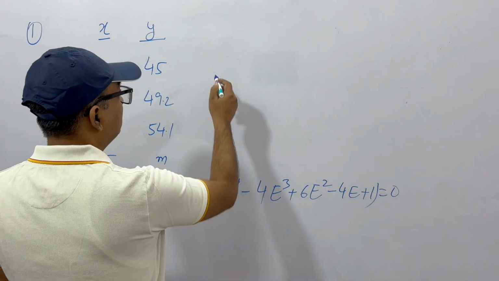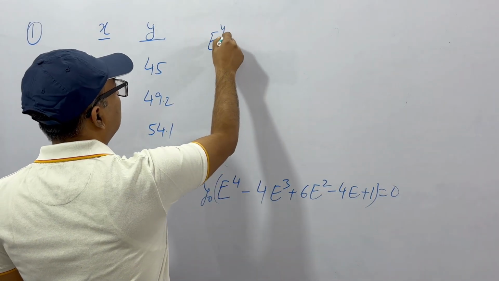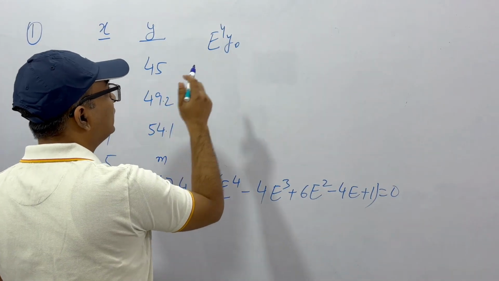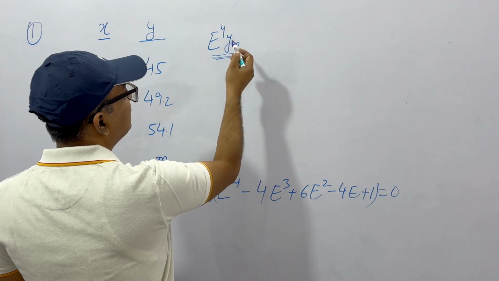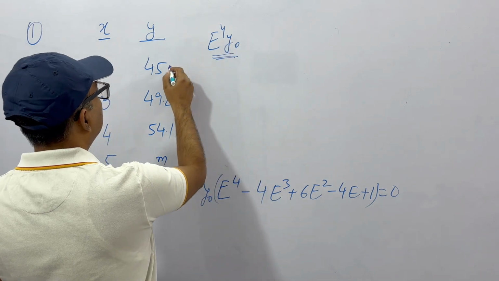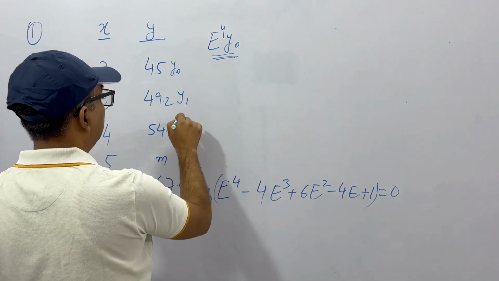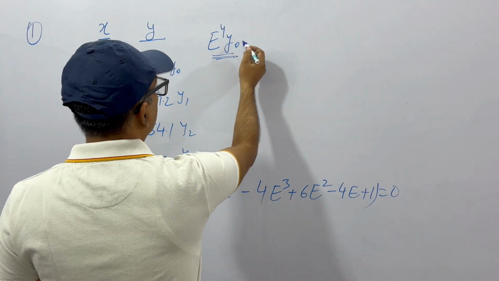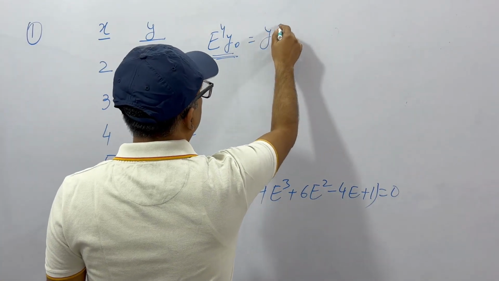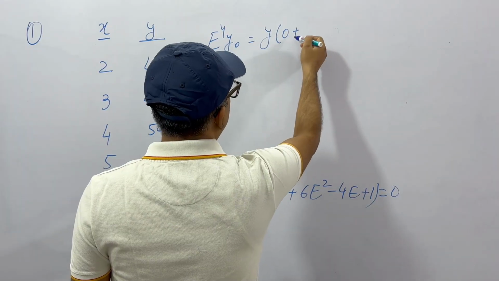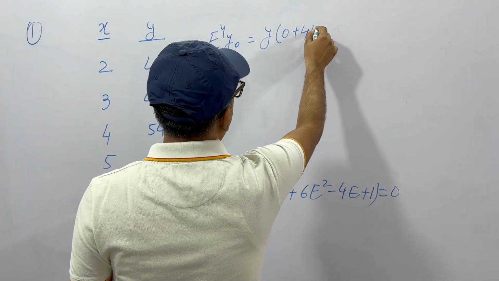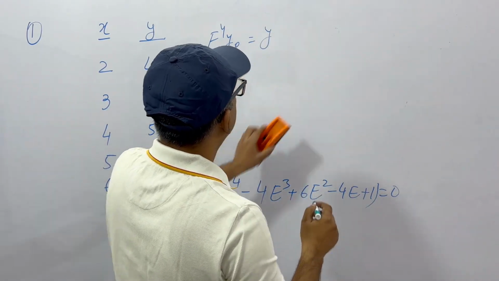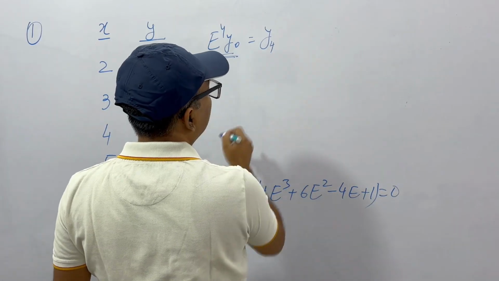See, this is E4 of y0. What is the meaning of this? E4 of y0 means, this is y0, this is y1, this is y2, this is y3, y4. So E4 we can write as 0 plus 4h in the subscript, that is y4.